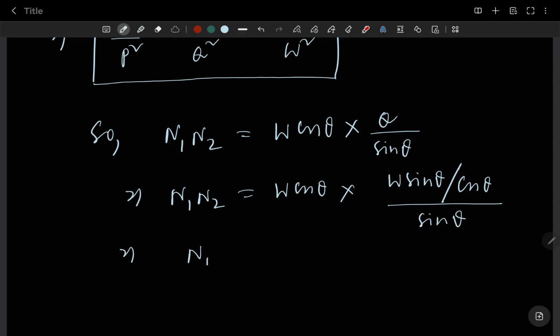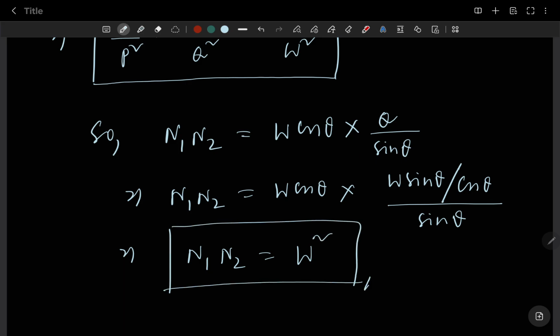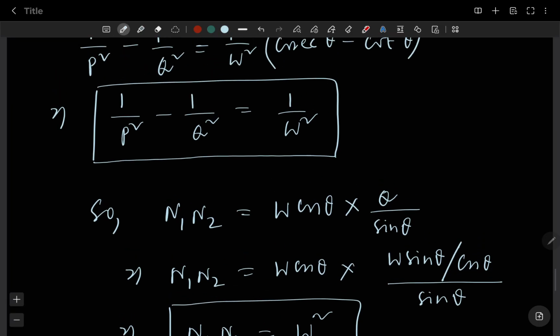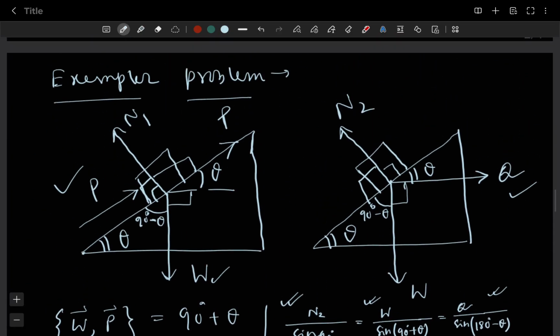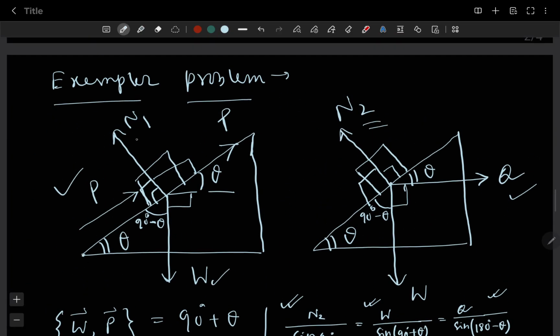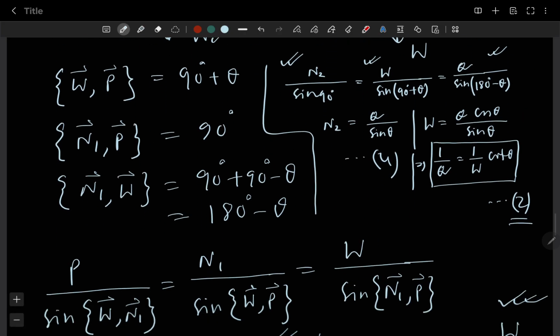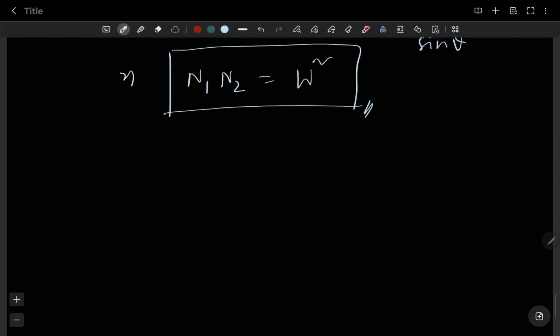So N1 N2 becomes sin theta cancel, cos cancel, W into W is W square. Okay, so this is the relation between N1, N2 and W, the normal reaction forces and W. Fine.